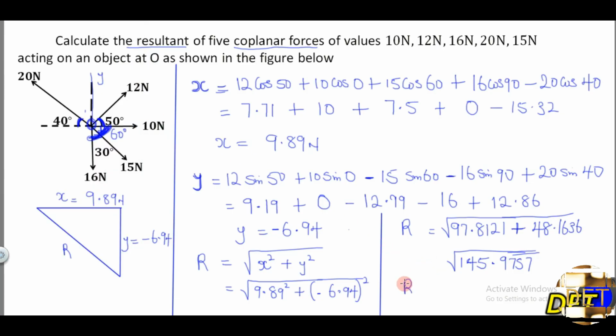So the resultant force is equal to what? 12.1 Newton. This is our answer to this question, right? So that is the resultant of the 5 coplanar forces acting at the point O, as shown in this diagram.